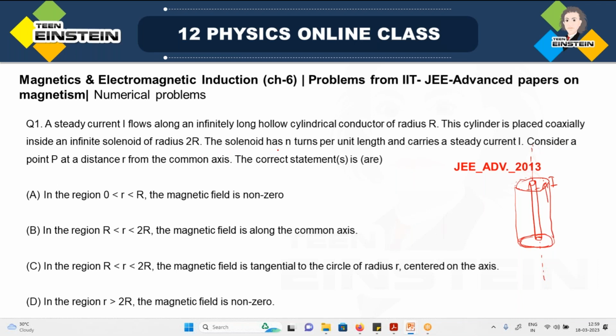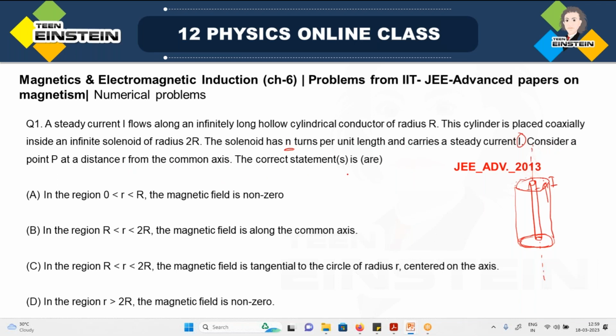The solenoid has n turns per unit length, and each of them is carrying current I again. Consider the point P at a distance r from the common axis.